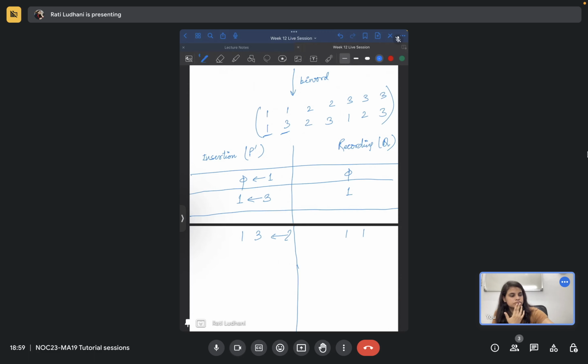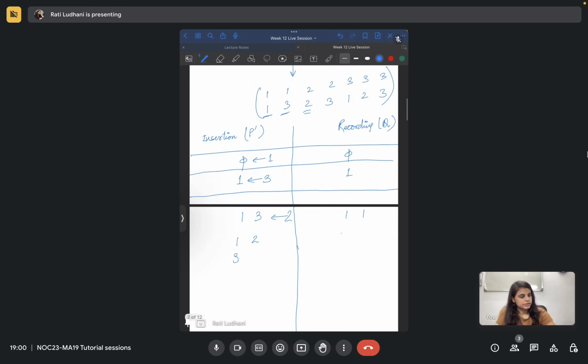Now we'll insert the next one, which is 2. 3 is greater than 2, so we bump out 3 to the next row and we insert 2. So in the second row it will just be 3, and corresponding to that we have added an extra box in the second row, which will record the position as 2.